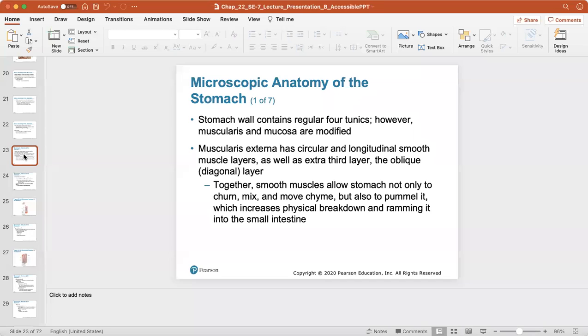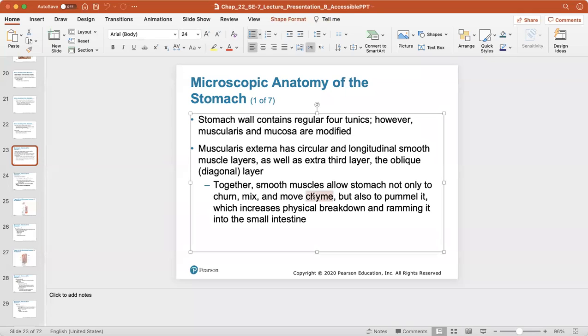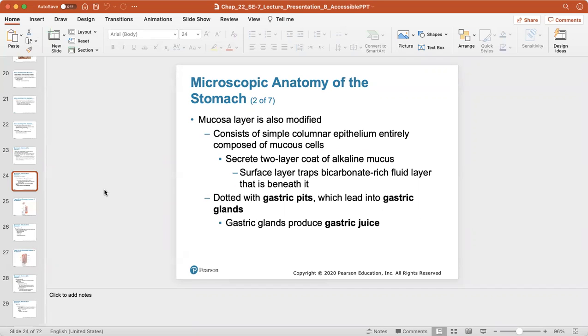Together, the smooth muscles of your stomach allow the stomach to not only churn, mix, and move the chyme, which is the word for the food. So once the food reaches your stomach, we call it chyme. This extra layer allows the stomach to pummel it, which increases the physical breakdown and kind of ramming it into the small intestine. The mucosa layer is also modified.